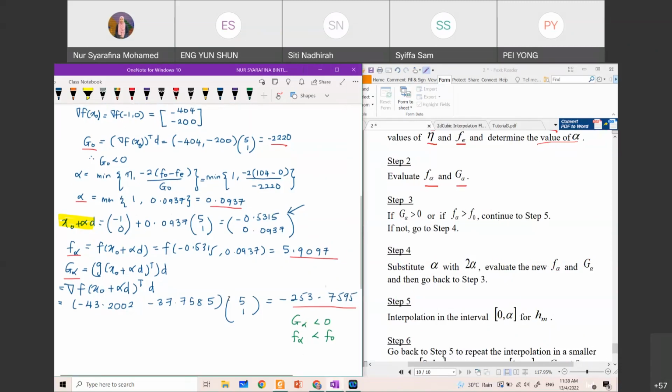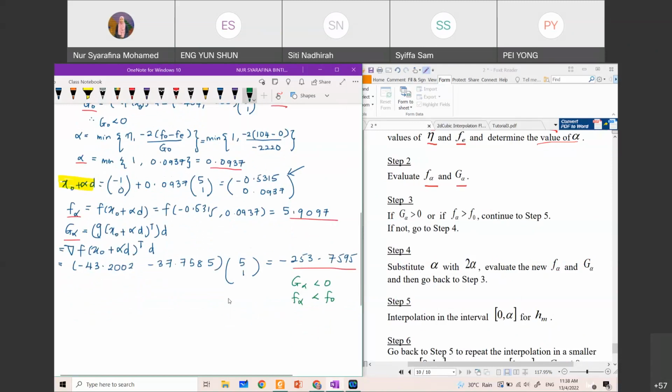Understand or not? So now you have your alpha, right? Alpha equals minus 0.5315, 0.0937.